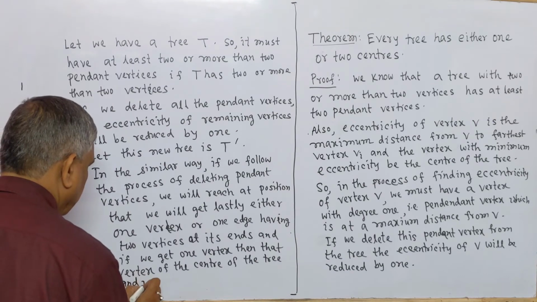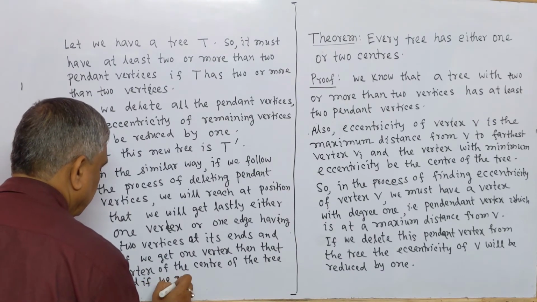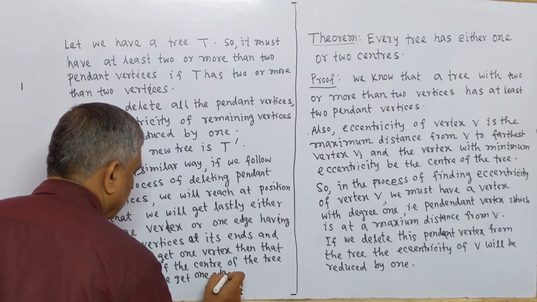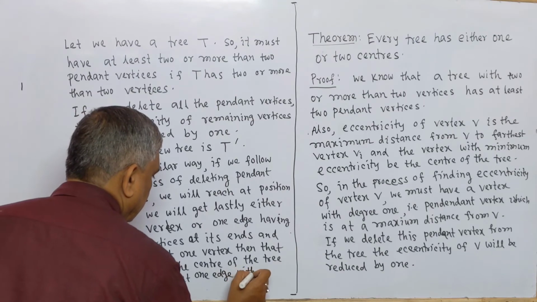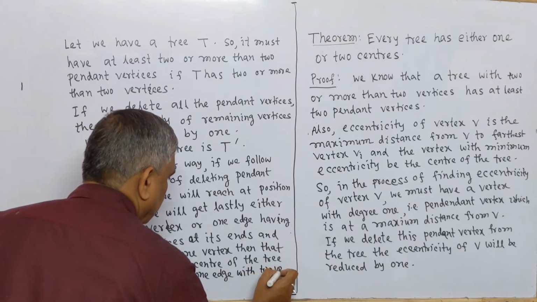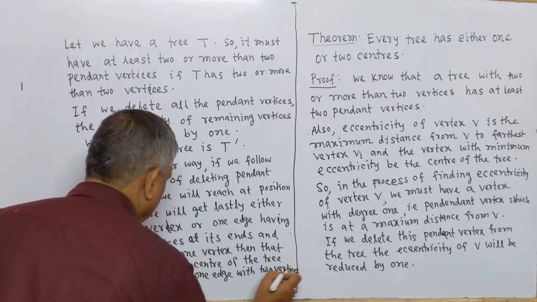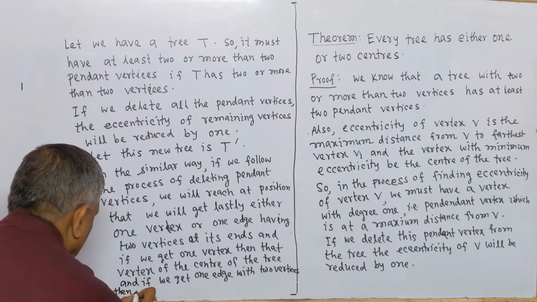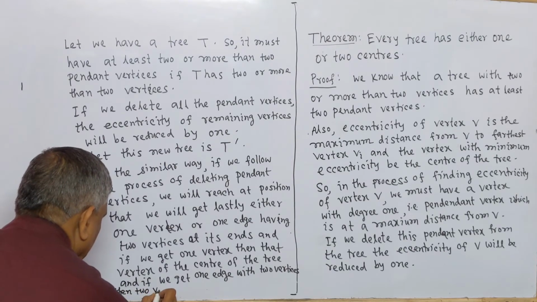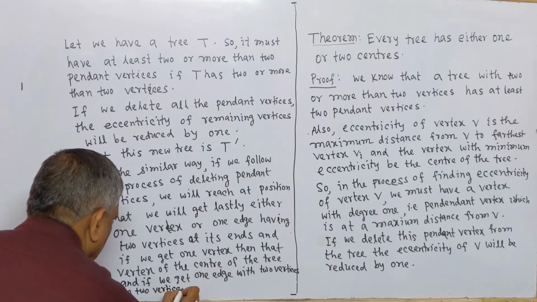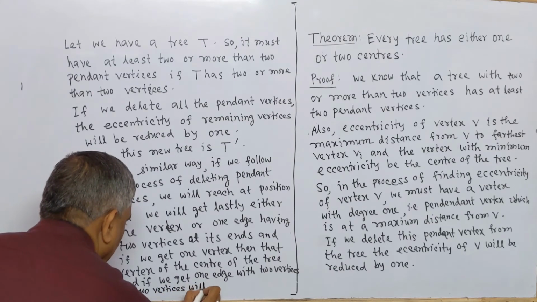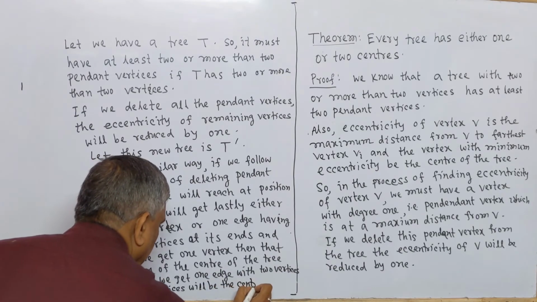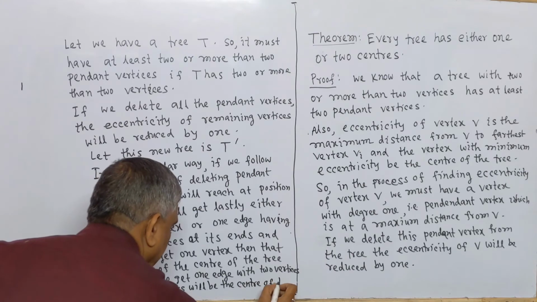And if we get one edge with two vertices, then two vertices will be the center of tree.